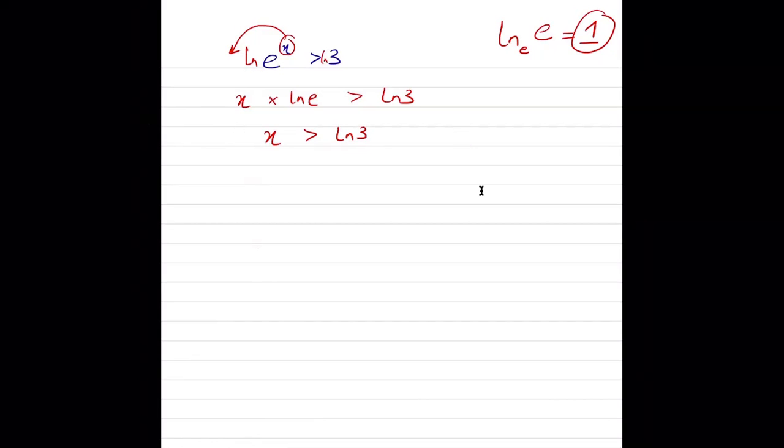Okay. Then please solve this question. e to the power of 5x minus 2 less than or equal to 35. The question also says give your answer in exact form, meaning ln form or log form.